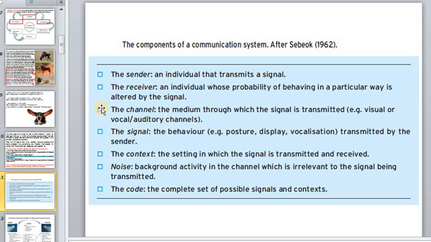It can be an auditory channel, it can be visual or vocal. We have here an example of an auditory channel. The signal is the behavior, a posture or display, transmitted by the sender; the context is the setting in which the signal is transmitted and received; noise is background activity in the channel which is irrelevant to the signal being transmitted; and the code is the complete set of possible signals and contexts.